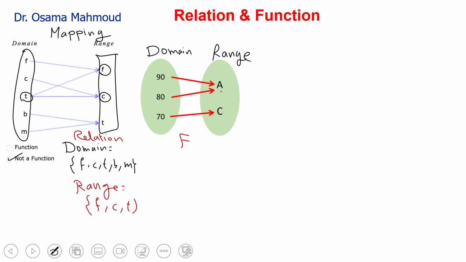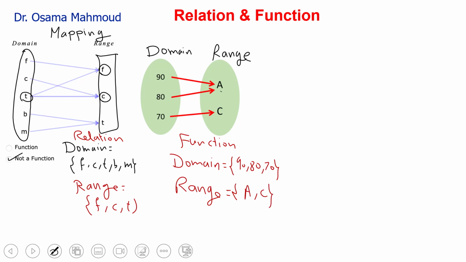But this one is a function, with the domain set of elements 90, 80, 70 and range set of elements A and C. What about this one?